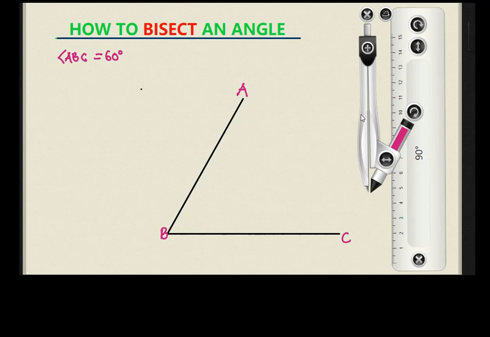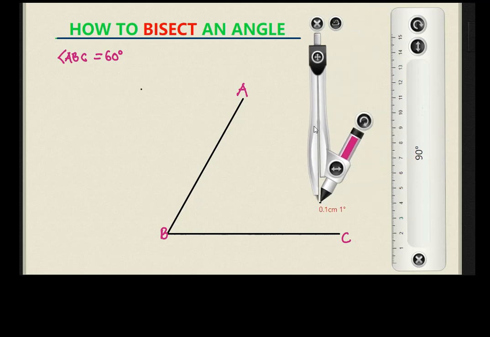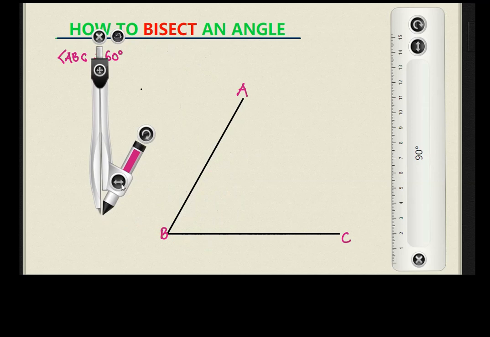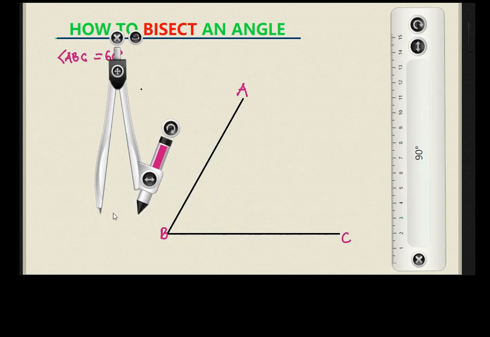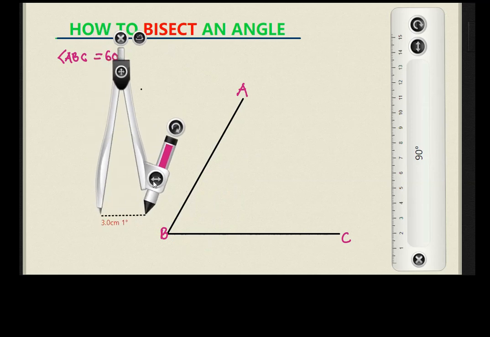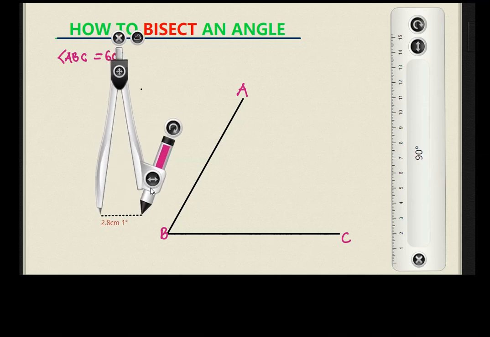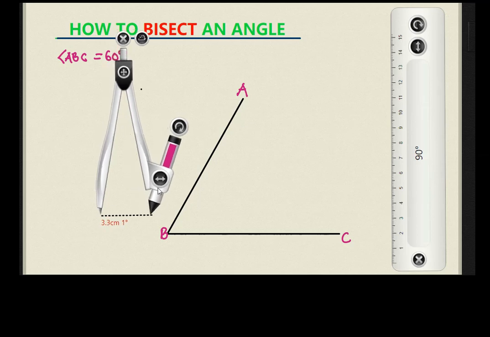So what we're going to do, we shall use our compass, and also I need to mention something. You can see when I'm adjusting this compass like this, there is some measurement indicated down here on the dotted lines. That's what we call the radius of a compass.